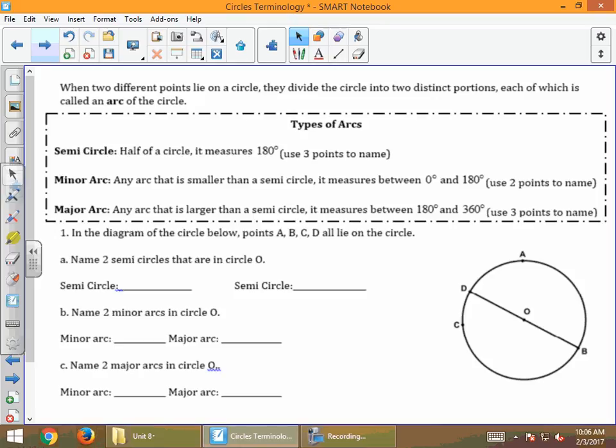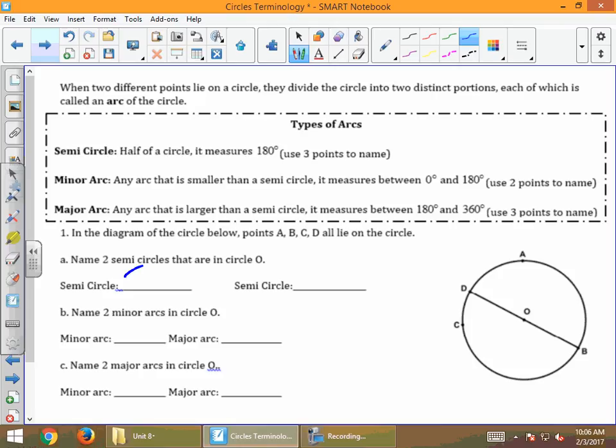With segments, order didn't really matter, as long as you had 2 points on that segment, you were fine. With arcs, order matters. You have to go in the order of the points of the circle when you name them. If you go out of order, you're going to be naming different arcs, and you're going to get the wrong answer. Order matters. Okay? So when we name an arc, you're going to name a semicircle.